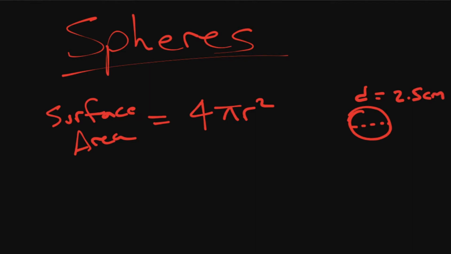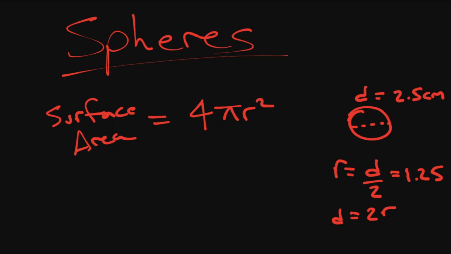And I want to find the surface area of this specific marble. So, as we all know, radius is half of the diameter, or diameter is 2 times the radius. In this case r is 1.25.